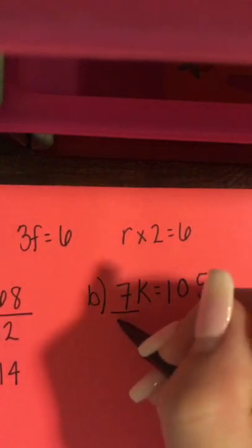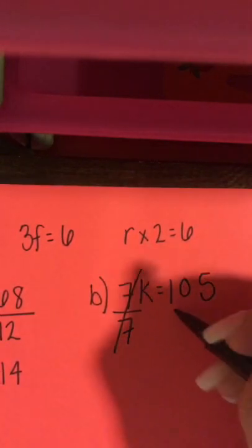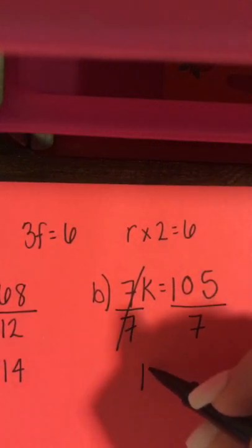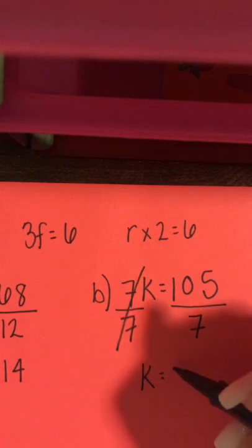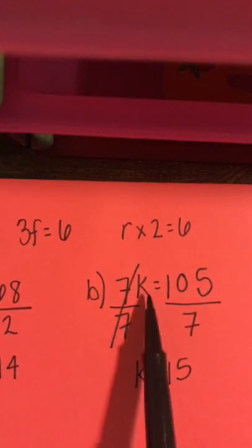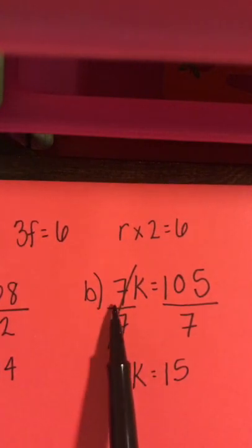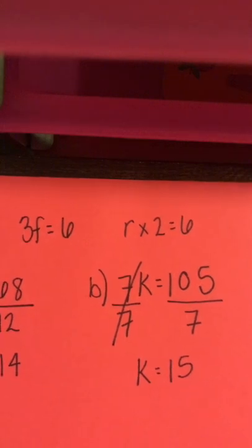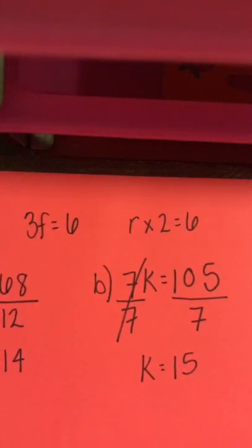We take the 7, divide that, and then we divide the product by 7. After we do our math, we figure out that k equals 15. And again, you can plug 15 back up here to figure out that 7 times 15 does in fact give you 105, to make sure that your work is correct.